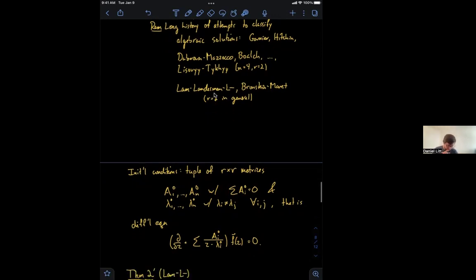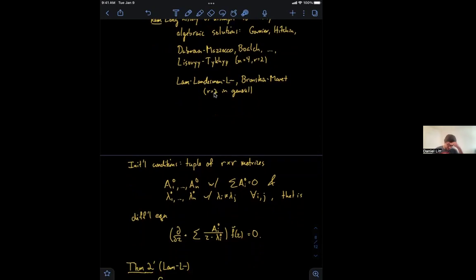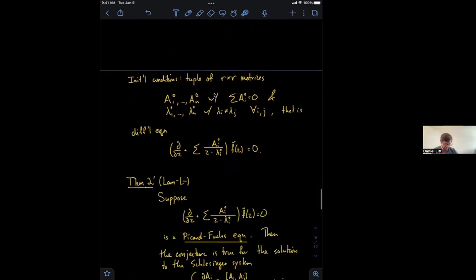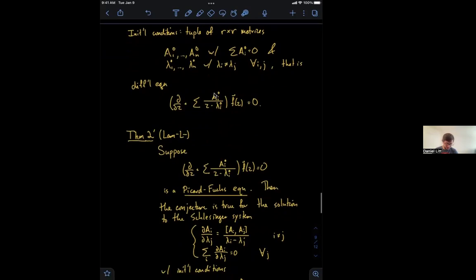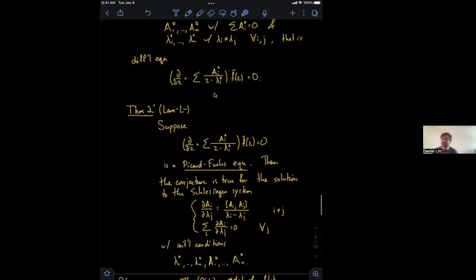Okay, so here's the sort of baby version of the theorem about nonlinear differential equations I want to explain. So suppose this initial condition, this differential equation, is itself a Picard-Fuchs equation. So then the conjecture is true for the solution to the Schlesinger system with this initial condition.